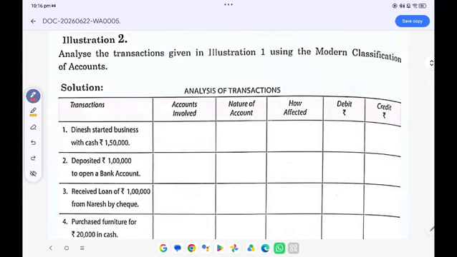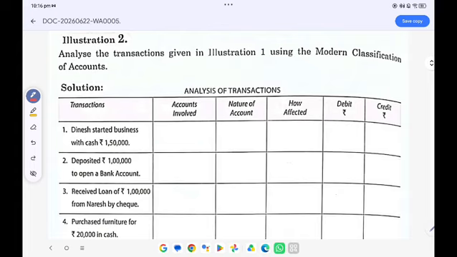I repeat again, if the question doesn't specify which approach you need to follow for analyzing transactions, you can choose the approach of your best choice. If you feel comfortable with the traditional approach or the modern approach, go ahead. But if they specify, you need to follow the instruction.